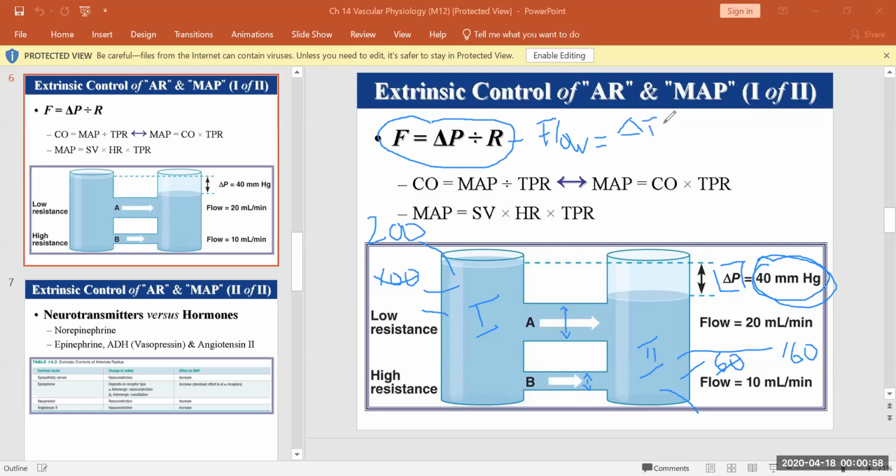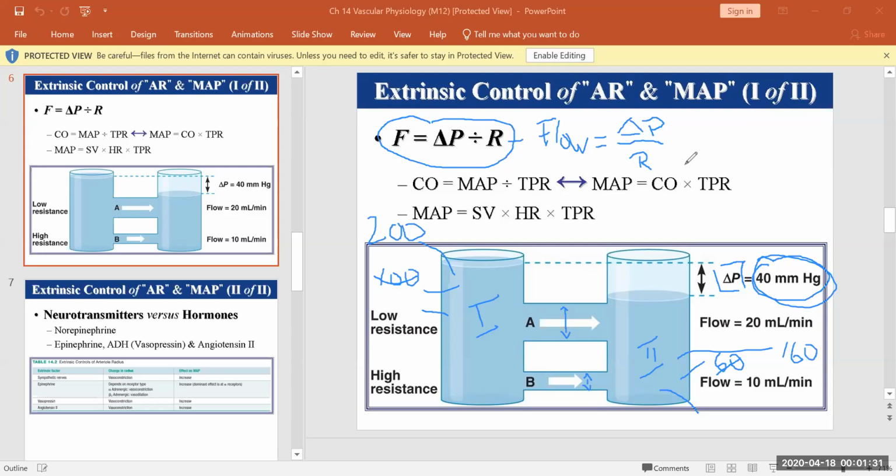The reason why you have a flow is because of that driving force, delta P. Now that delta P, unfortunately for us, is not free flowing. It will have a resistance to its flow, and that's expressed by R, resistance to flow. So the higher the delta P, the higher the flow. The relationship between delta P and flow is proportional.